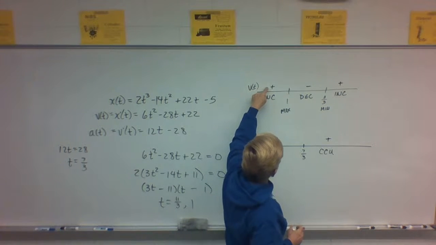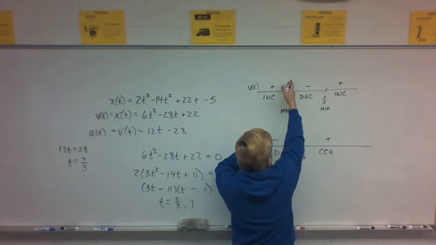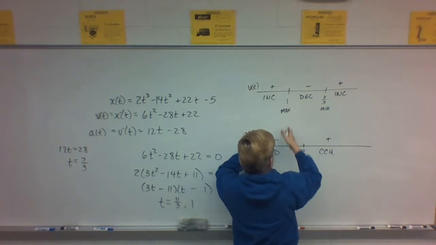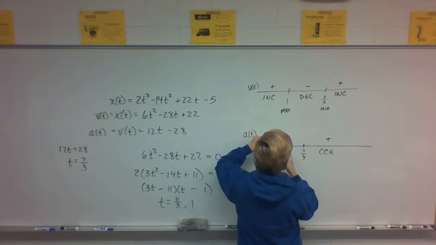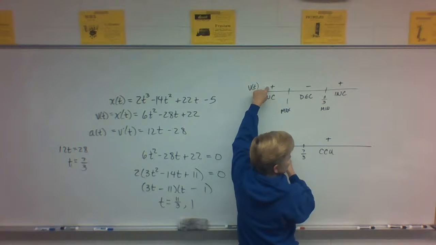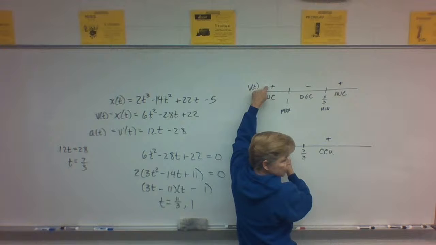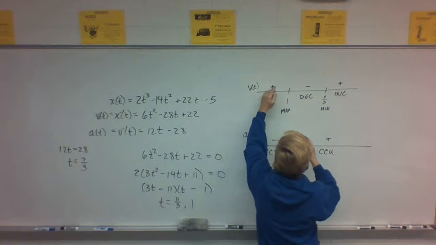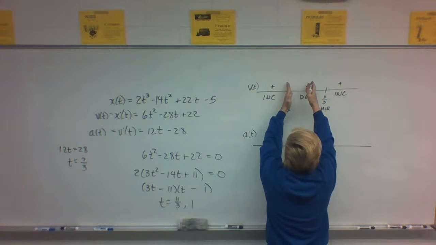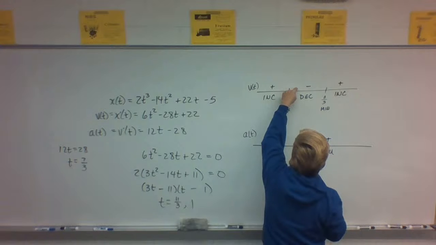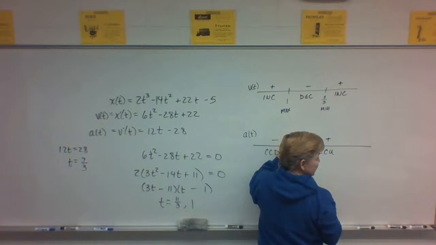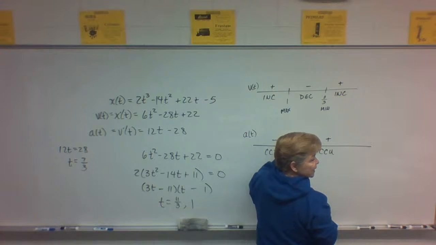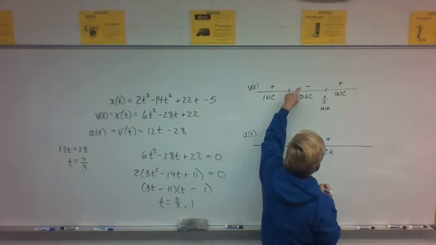If the sign is positive here and negative here, it is slowing down but moving forward. It still tells direction. Now, in between here and here, this is negative, so is this, which means it's speeding up to the left.